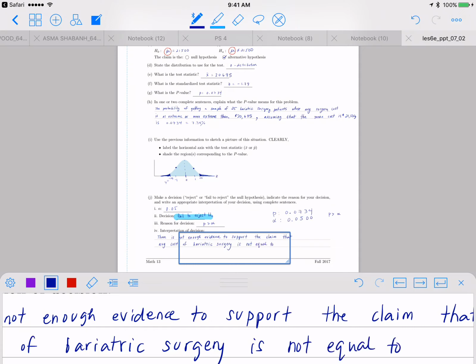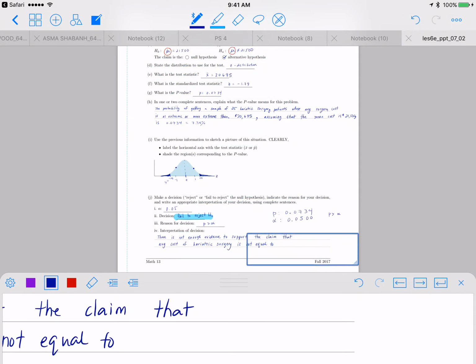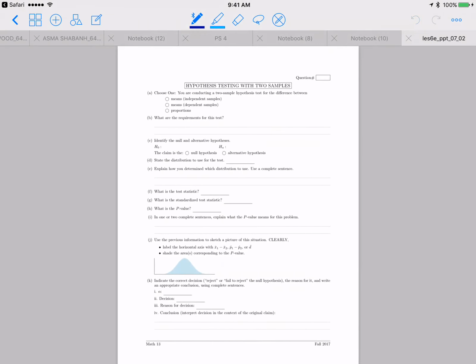Well, let's say is not equal to what do we have? $21,500. Okay. All right, so there we go.